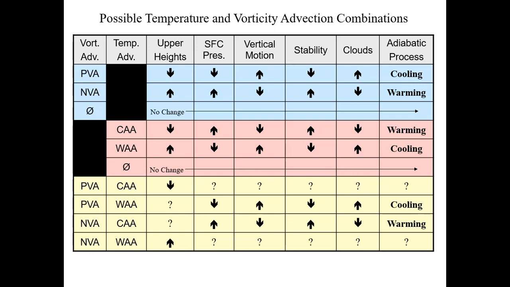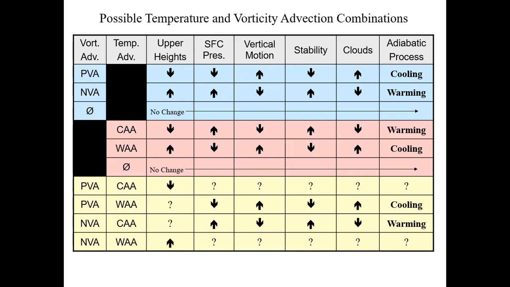So with PVA alone, no temperature advection, upper heights are going to fall, surface pressure is also going to fall, the vertical motion is going to be upward, the stability is going to fall or decrease, and whenever I have rising vertical motion, I'm going to get adiabatic cooling, and I'm going to form clouds. Possible precipitation.